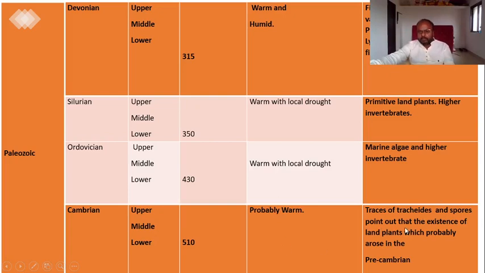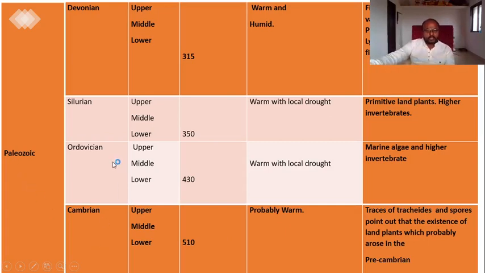In that rock we can see traces of tracheids and spores, which point to the existence of land plants, which probably arose in the Precambrian. Therefore we say that land plants probably originated in the Cambrian period of the Paleozoic era.